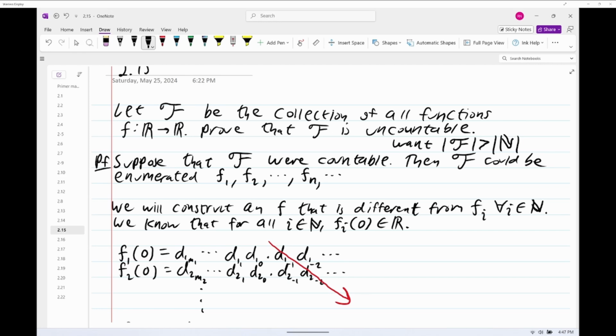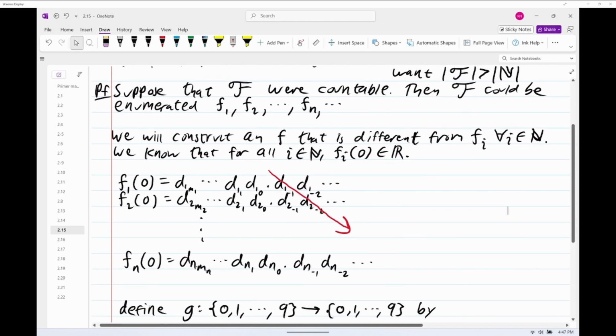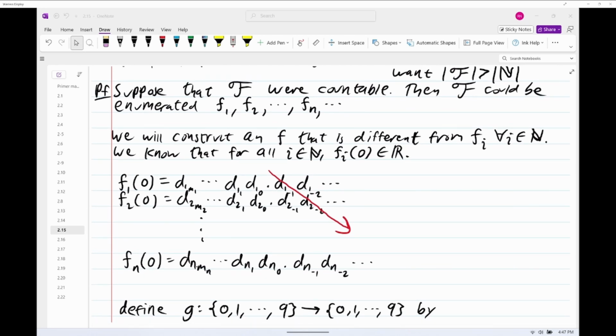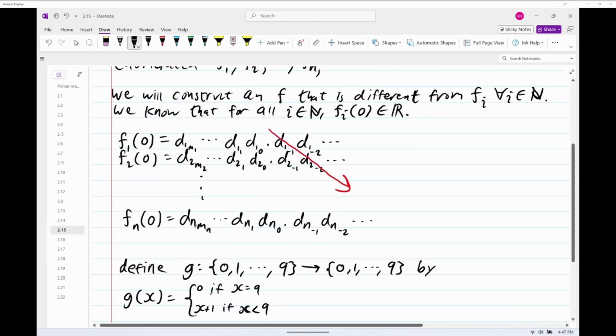So I'm going to make a function whose f of 0 is different from all of these by diagonalizing this right here. I'm going to define a function g from the digits to itself by 9 gets sent to 0, and anything less than 9 gets sent to itself plus 1.